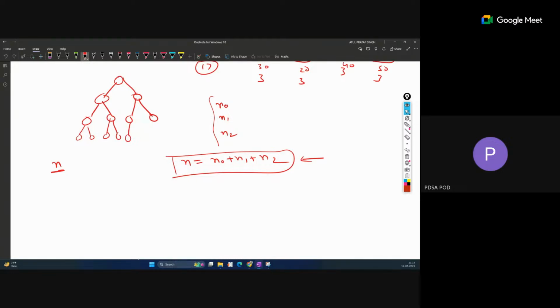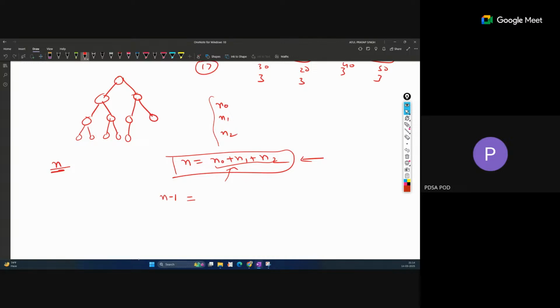And for another equation, how many edges will be there? We can just use the edge term here. If the number of nodes is n, because this is a tree, the number of edges will be n minus 1. Now we can also check this number of edges from these nodes.